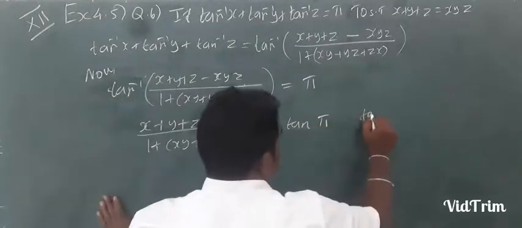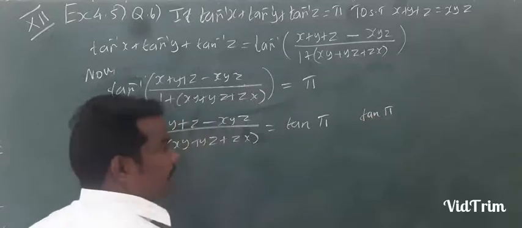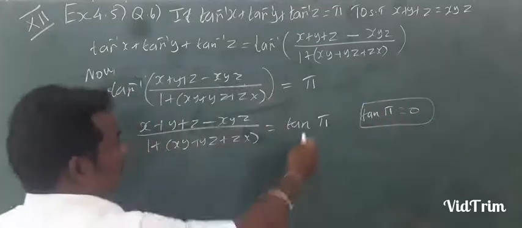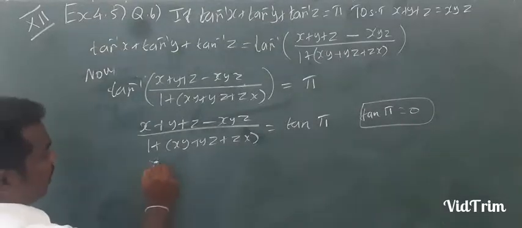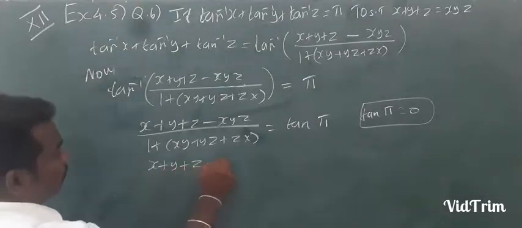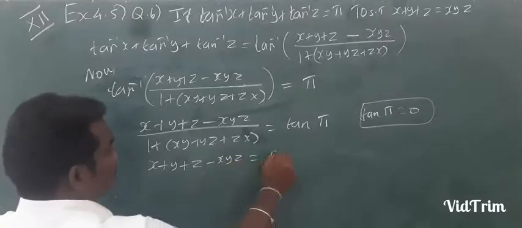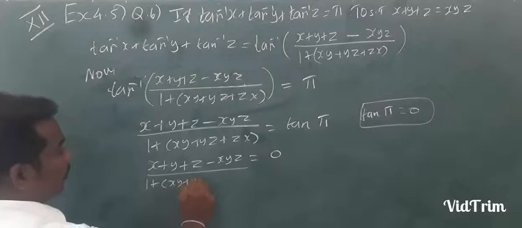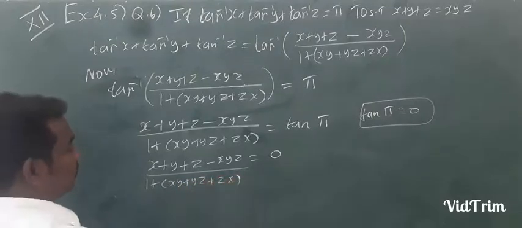Do you remember what the tan pi value is? That is 0. So if we apply here, the tan pi value is 0, so 0 by 1 plus xy plus yz plus zx.